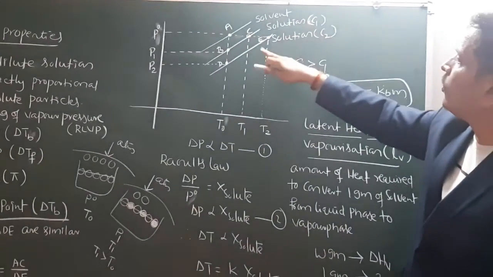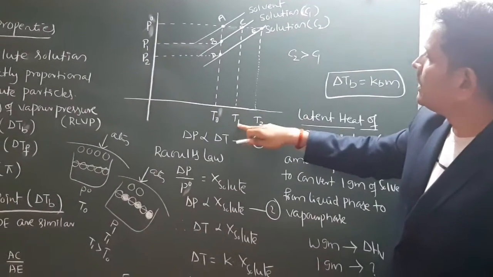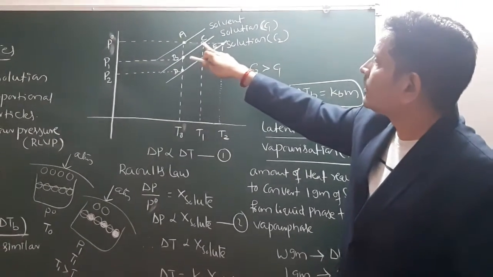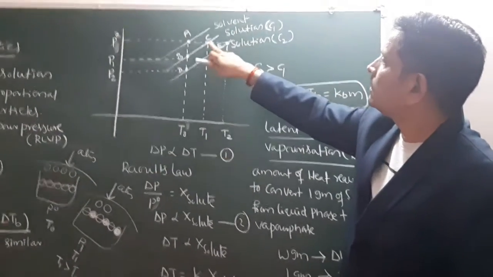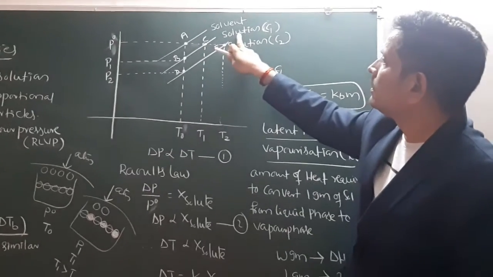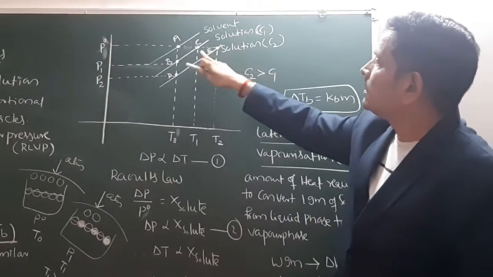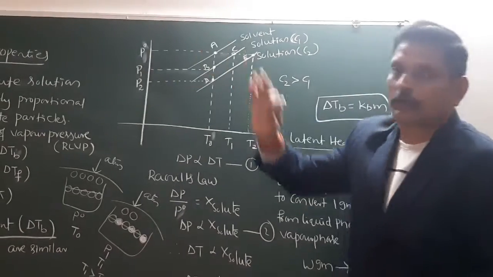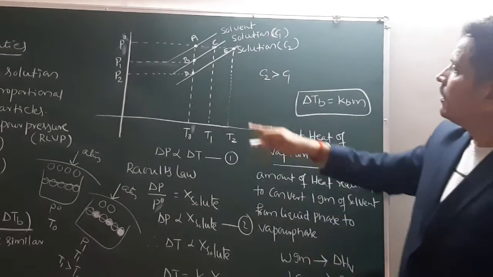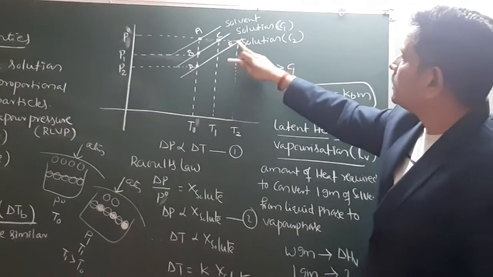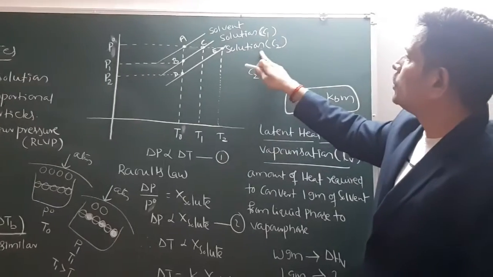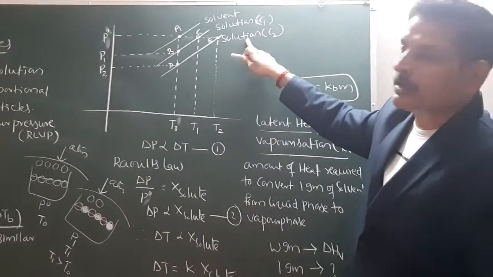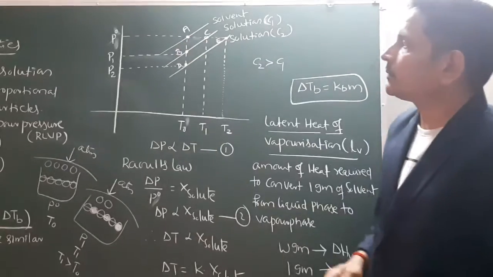Therefore, solution 1 boiling point is T1, at which the pressure exhibited by this liquid becomes equal to atmospheric pressure. And this is the boiling temperature corresponding to solution 2, at which the vapor pressure exhibited by this liquid becomes equal to atmospheric pressure.